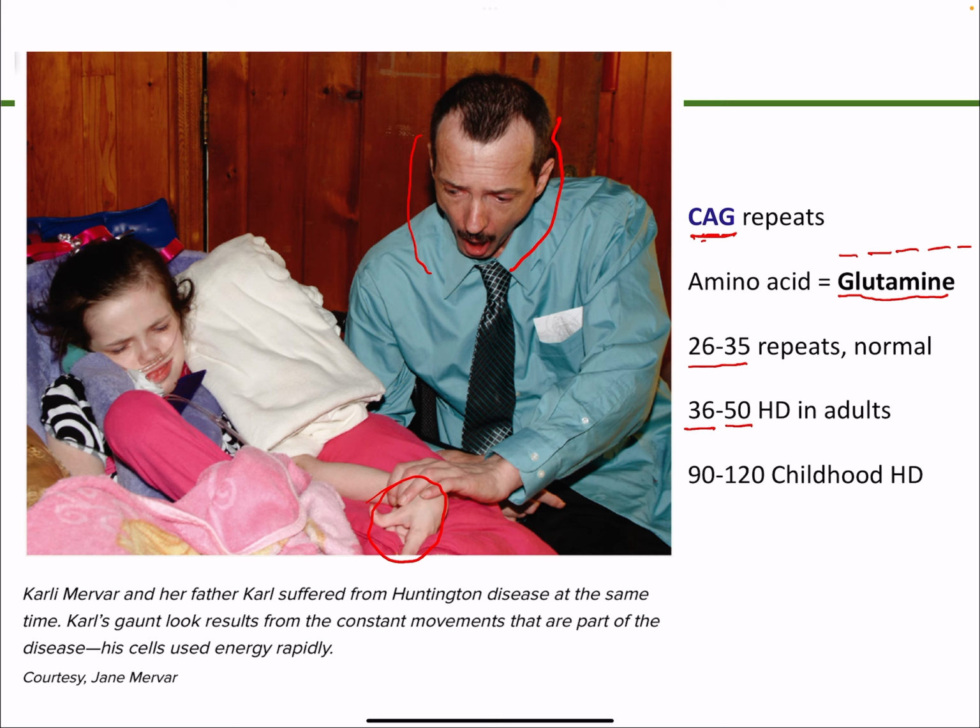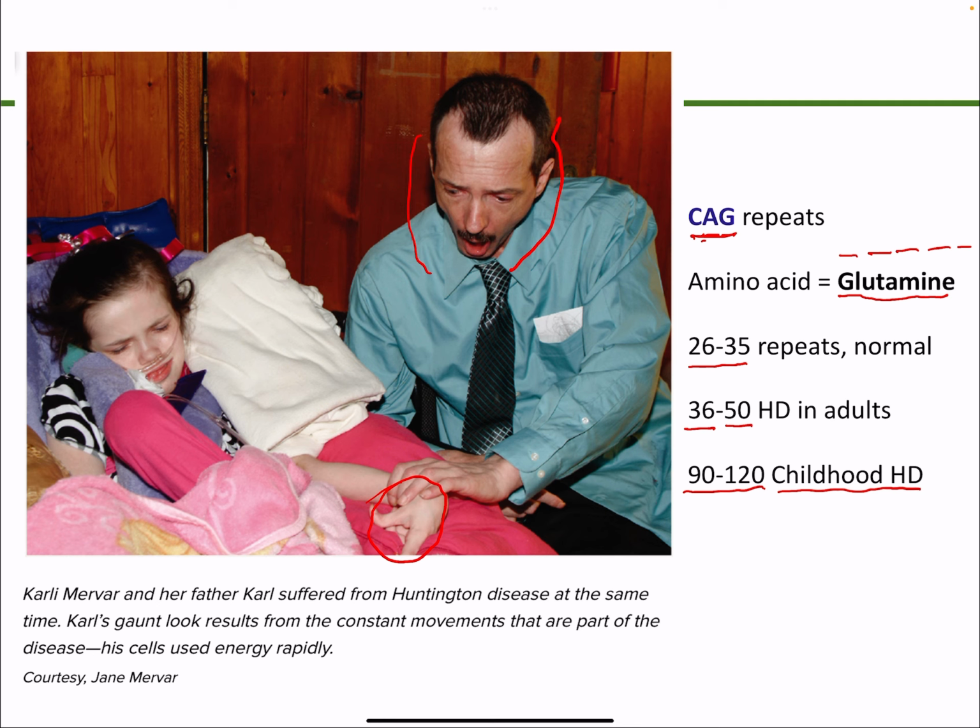Now, 90 to 120 repeats of CAG cause the Huntington disease to appear in an early stage of the life of the patient. This is childhood Huntington disease.